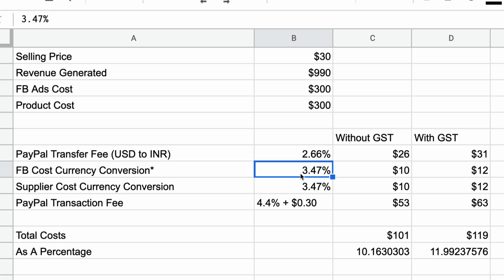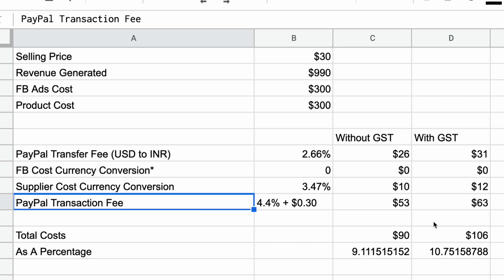So the more revenue that you generate, it's basically going to be around this figure. This is of course the transaction fees as well as the currency conversion fees. Let's say, for example, your Facebook cost is 0, because you have an INR Facebook account. Then of course your costs are going to reduce.